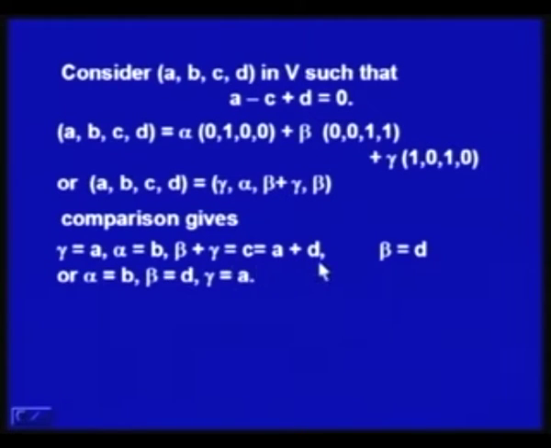So, I have combined this constraint and what I am getting from here, and if you solve them, then alpha is equal to B, beta is equal to D and gamma is equal to A. So, these are the 3 coefficients alpha, beta, gamma. So, I have solved them using this. So, any vector A, B, C, D can be expressed in this form.